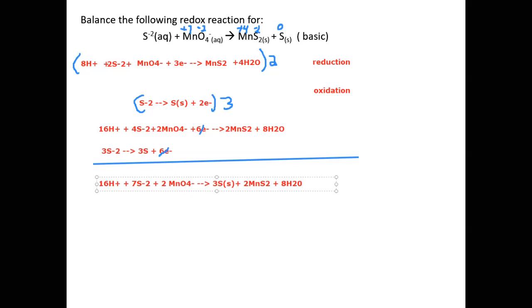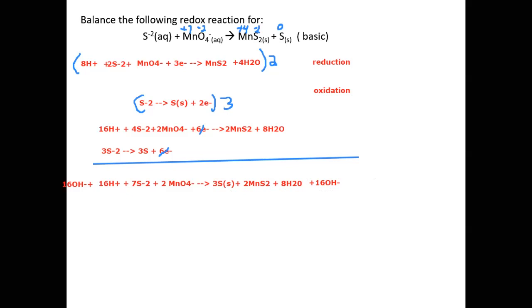That was a doozy. So now what we need to do is, since it's in a basic solution, we got to add as many hydroxide ions as we have H plus. So since we have 16H plus, we got to add 16 OH minus. And we're going to add 16 OH minus on this side as well.